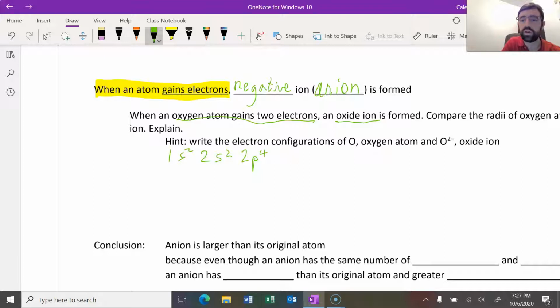And then if I wanted to write the oxide ion, it's got a -2 charge. That means I've got more electrons than I did. So it would be 1s2, 2s2, 2p6.